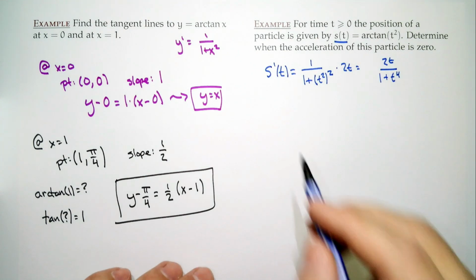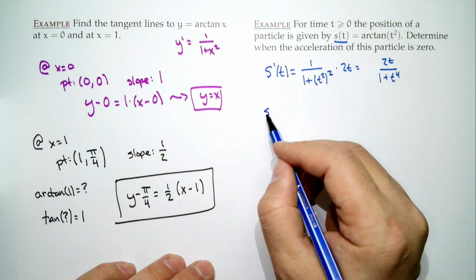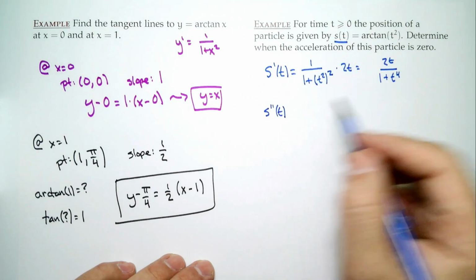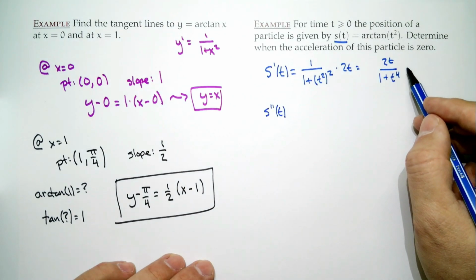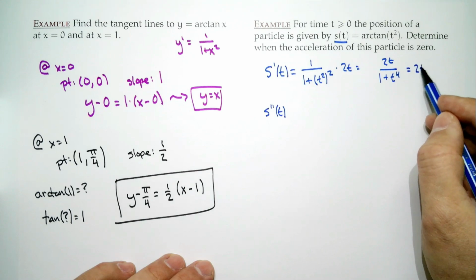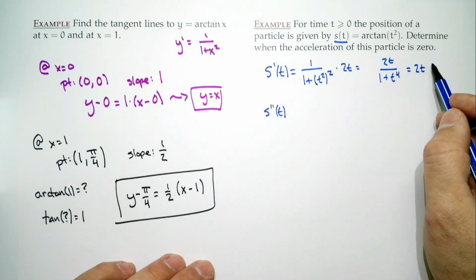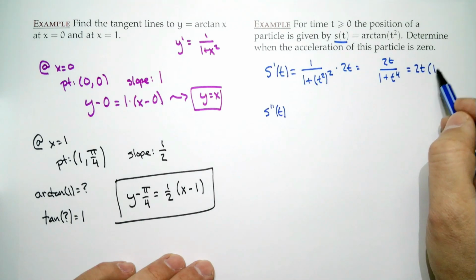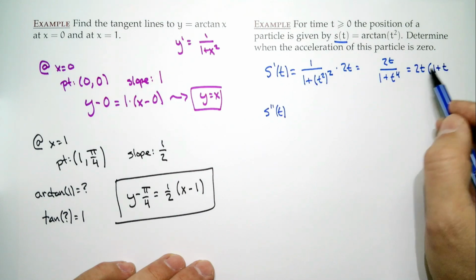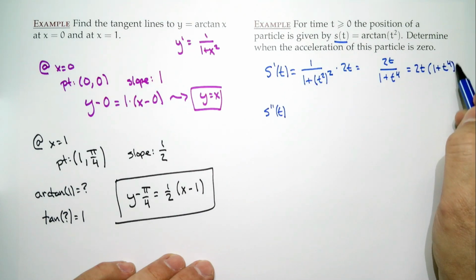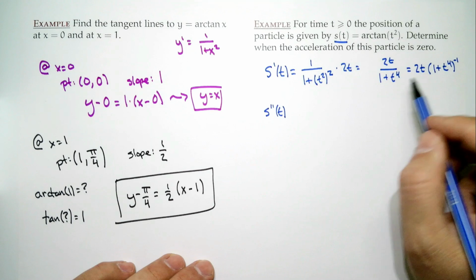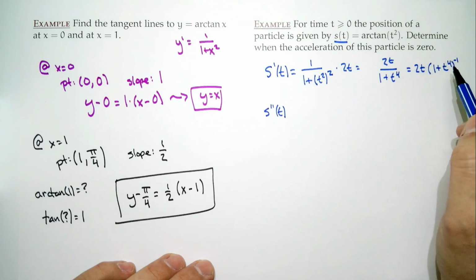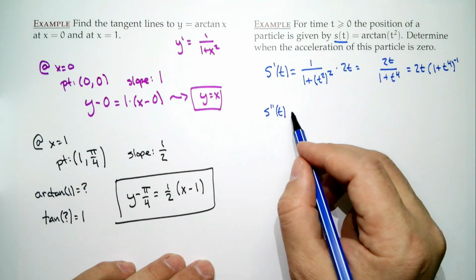How would you take the second derivative? What rule do we need? Quotient rule. Or if you don't like the quotient rule, you can always do it as a product rule and a chain rule by noting that 2t over 1 plus t to the 4th is 2t times 1 plus t to the 4th to the negative 1. But apparently people really like the quotient rule.